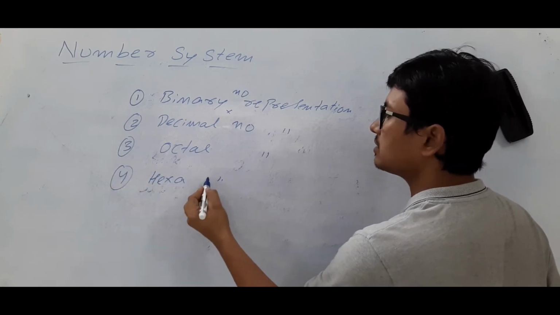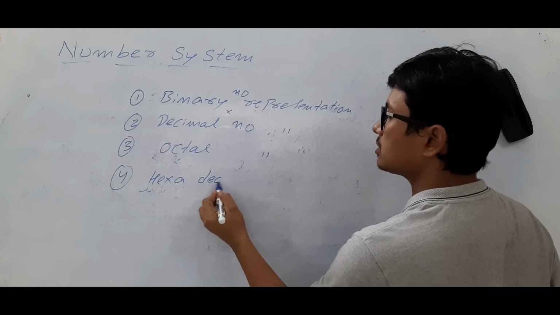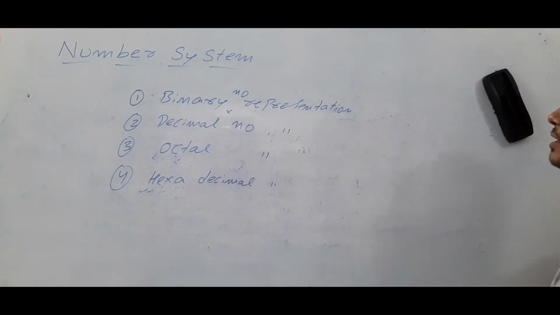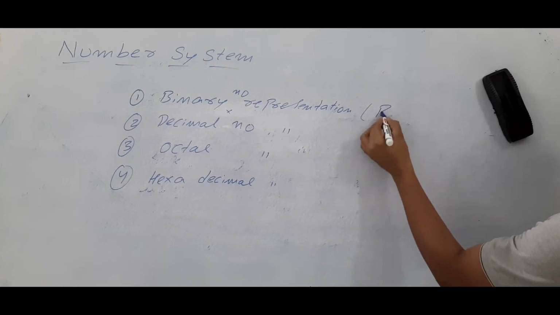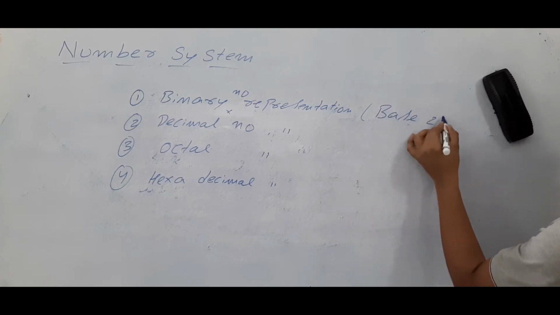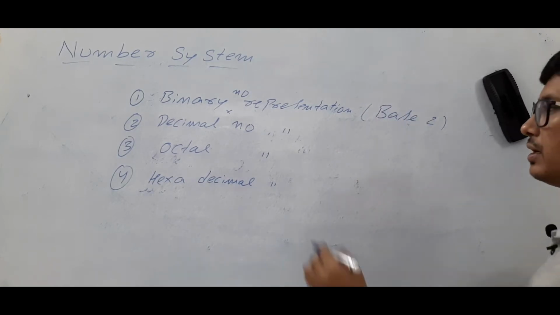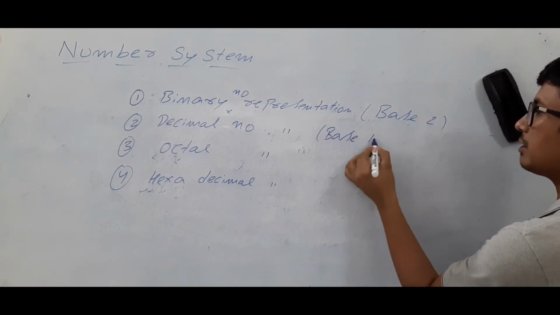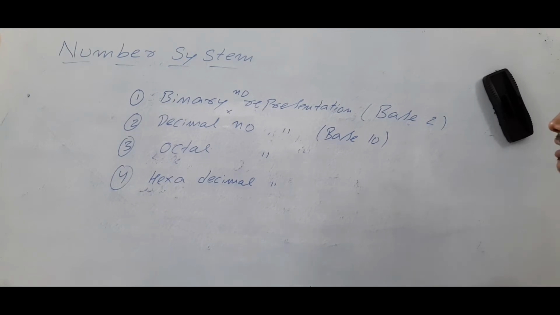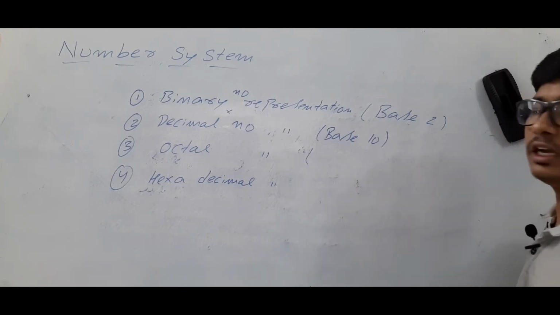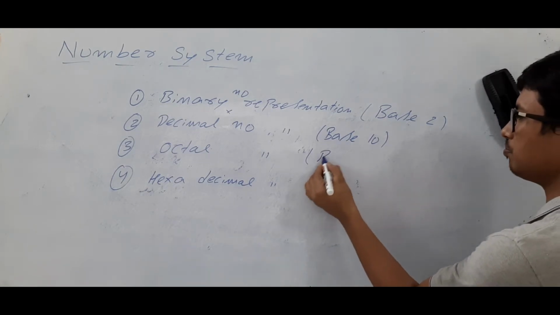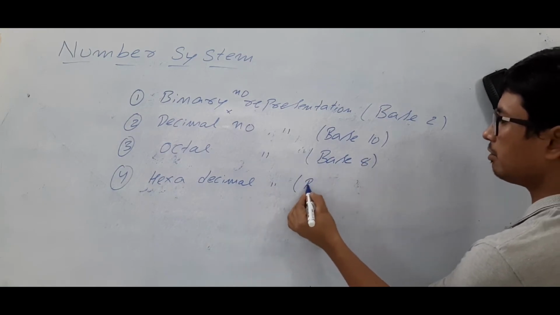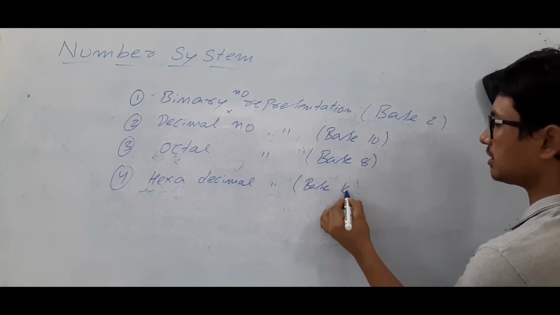These are the standards. The binary number representation can also be called the base 2 number system. The decimal number representation can be denoted as base 10 or radix 10 representation. The octal number is represented using base 8, and hexadecimal is represented as base 16.